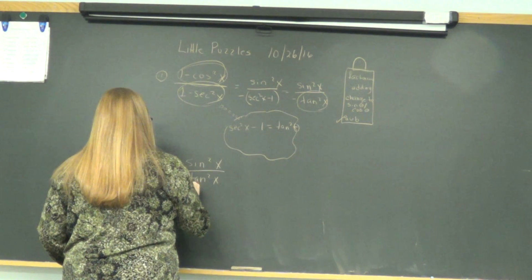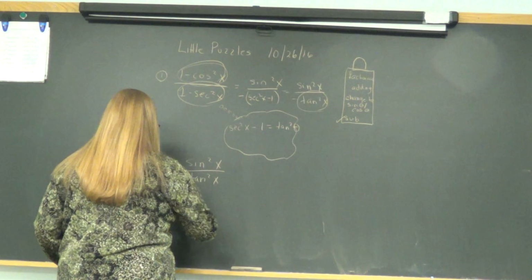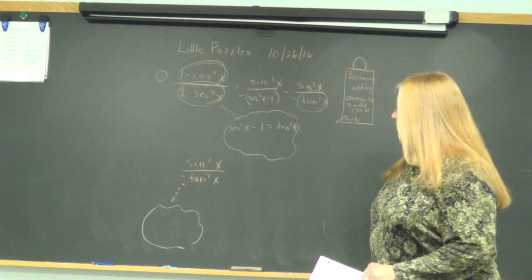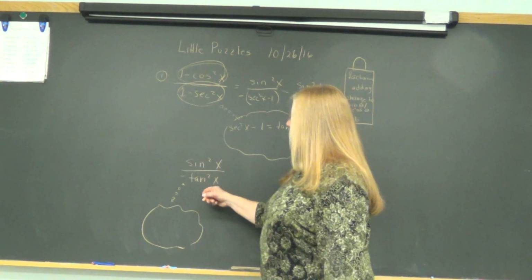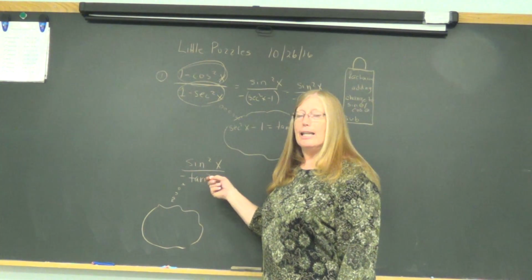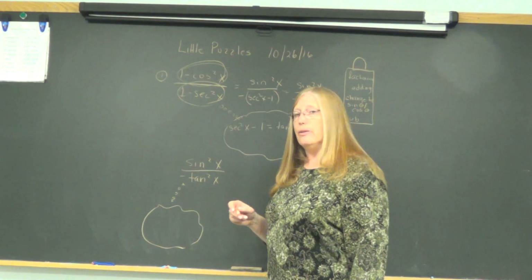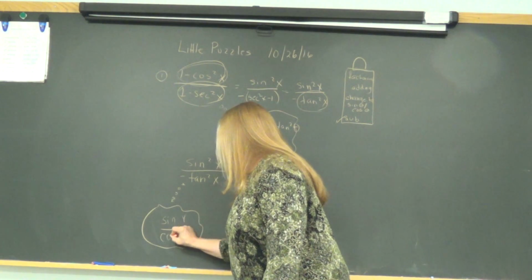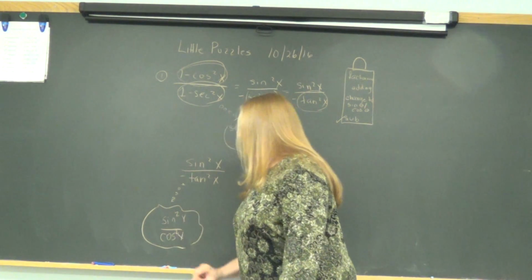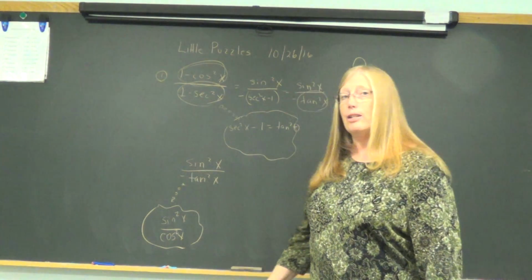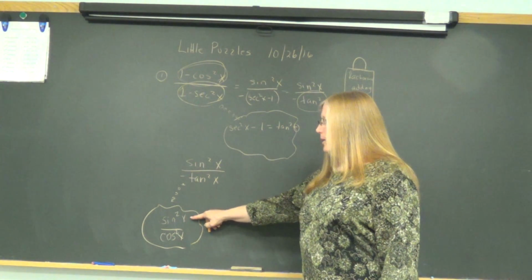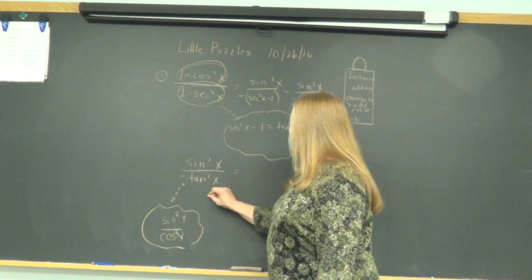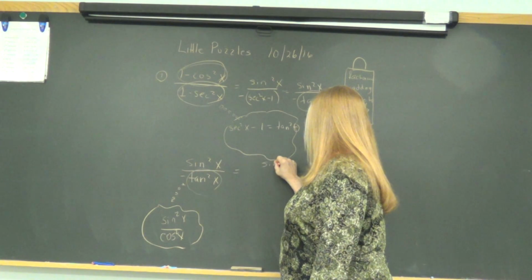Turns out I've got Kevin's thought cloud. So Kevin remembers, and I'm sure you do as well, that tangent, when I rewrite it as sine and cosine, is sine over cosine. But since tangent is squared, all I have to do to adjust is change each of these to squared. So sine squared over cosine squared is tangent squared. So I'm going to put that in the place of tangent squared.